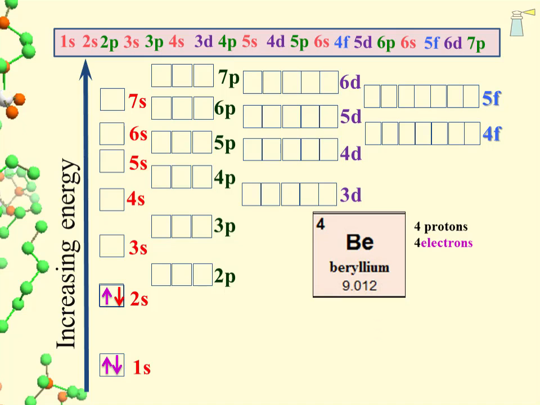Its EC is written in the format 1s2, 2s2, or [He] 2s2. It should start to become apparent that as we move along the periodic table, one element at a time, we are simply adding one electron to the EC of the previous element. Maybe this isn't so hard after all.